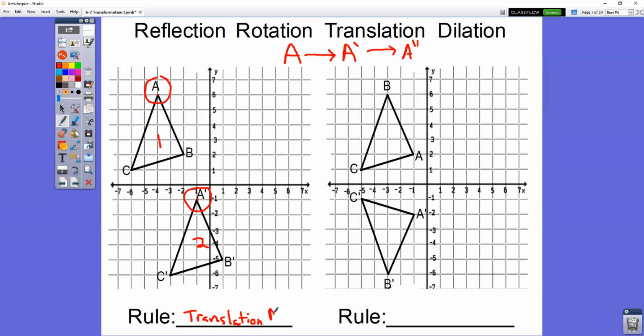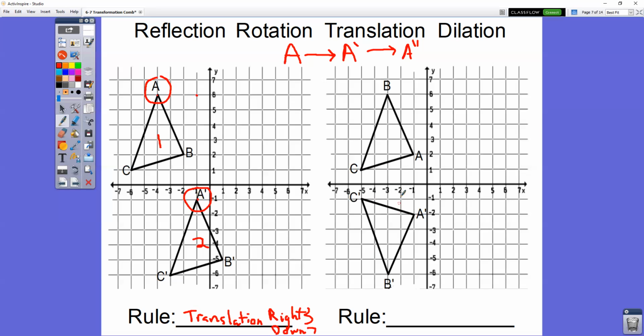So I'm going right 3. And then, so right now I'm right here. And now I have to go 1, 2, 3, 4, 5, 6, 7 places down. So it is a translation of right 3 down 7. Again, you have to be specific.